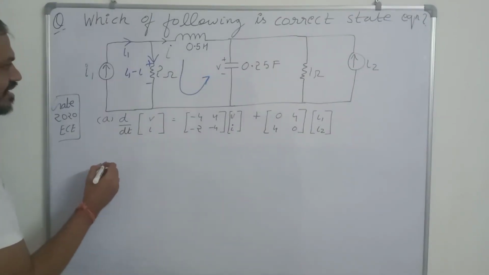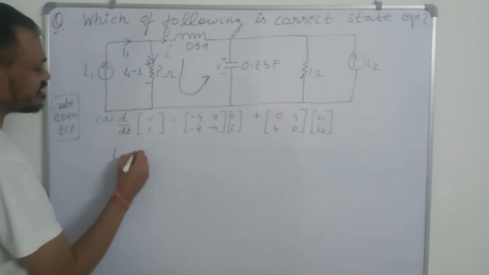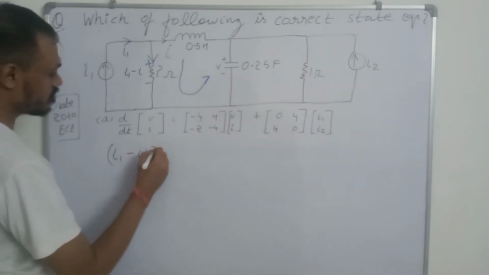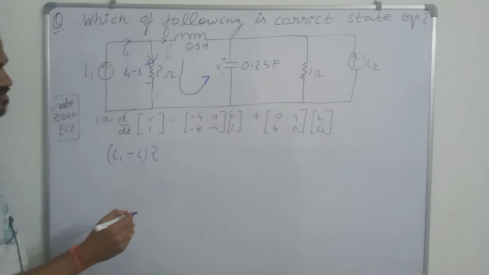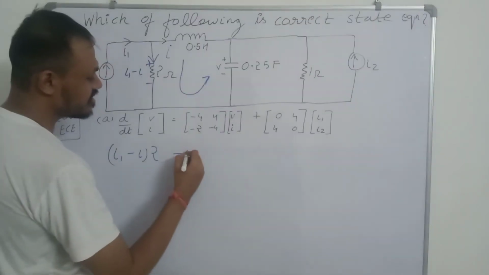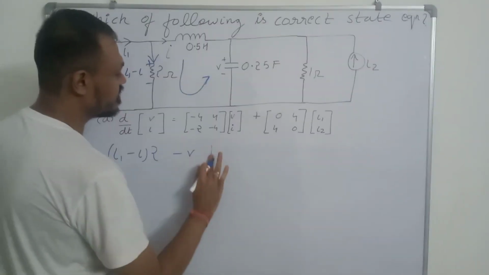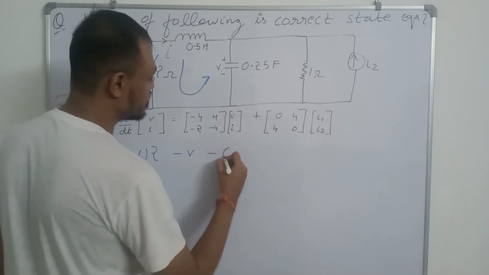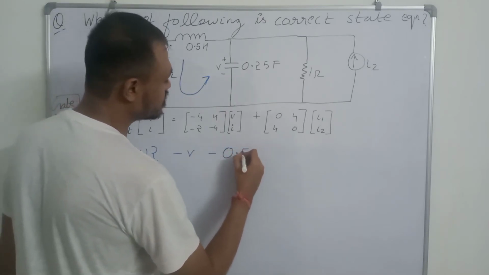Applying KVL, (I1 minus I) into 2, minus V, and minus L di by dt. L value is 0.5.